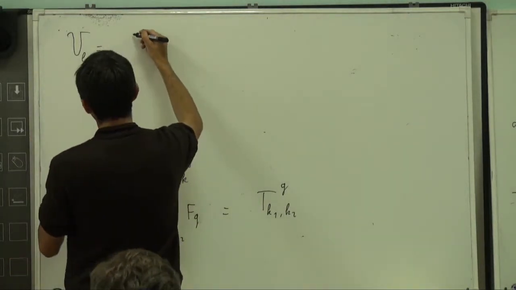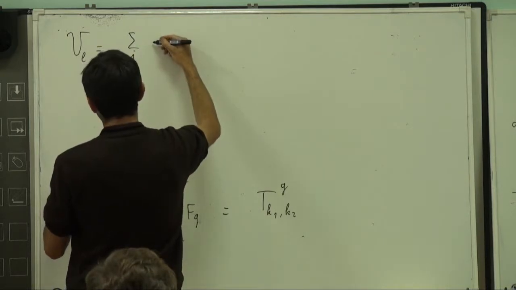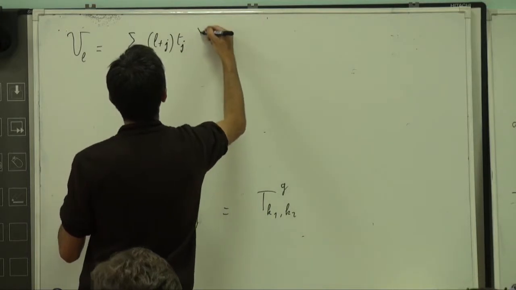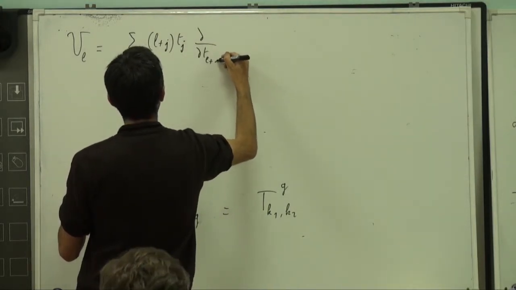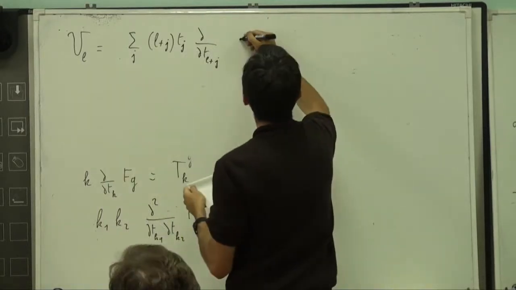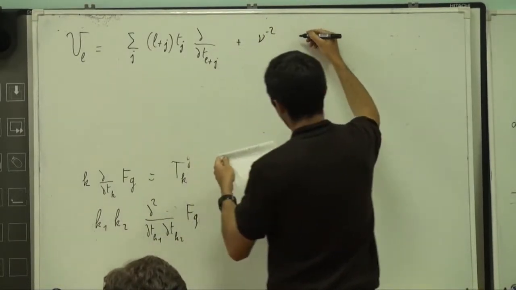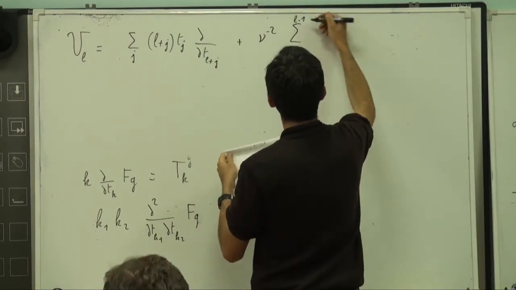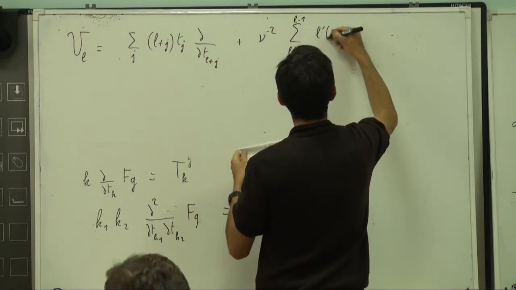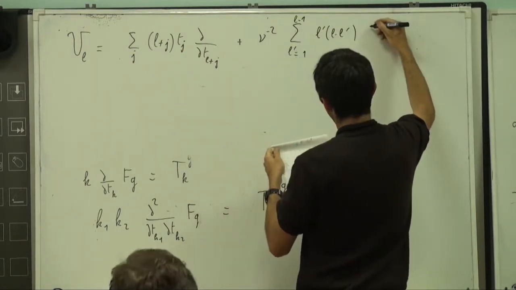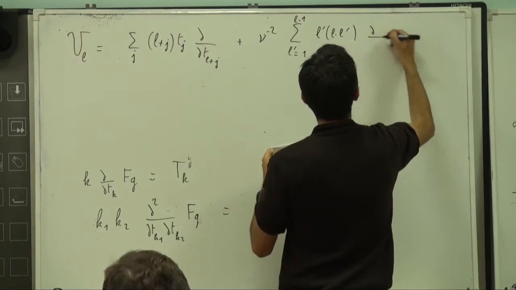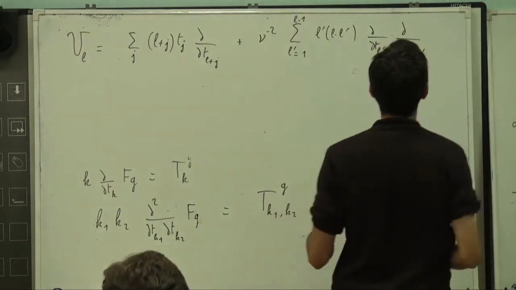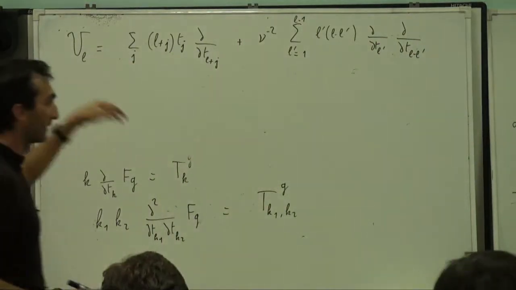V L equals sum over j, L plus j Tj d over dt L plus j, plus nu to the minus 2 sum from L prime equals 1 to L minus 1, L prime, L minus L prime, d over dt L prime, d over dt L minus L prime. Okay, so this is the operator which acts on Z.